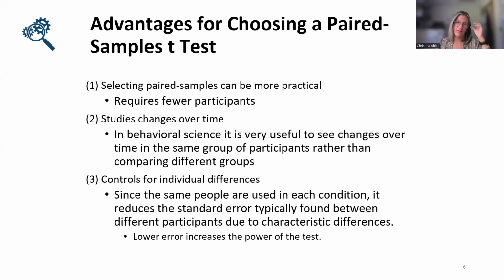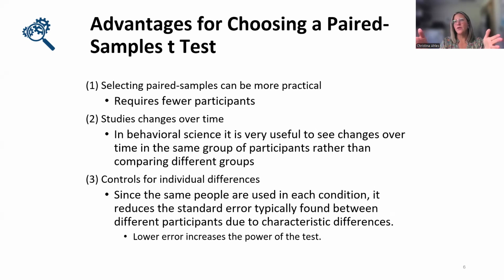And again, like I mentioned before, it controls for individual differences. If we have the same people used in each condition, it reduces the error found just due to trait or characteristic differences, because the same person is in the first sample and the second sample.